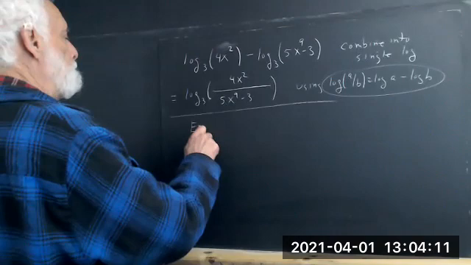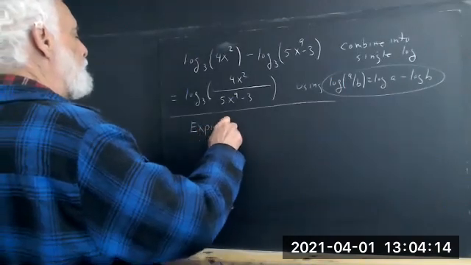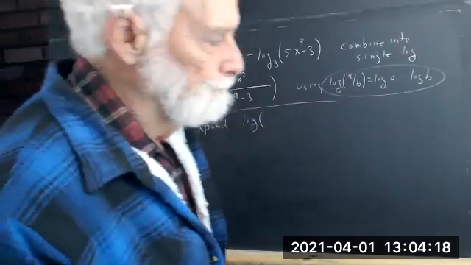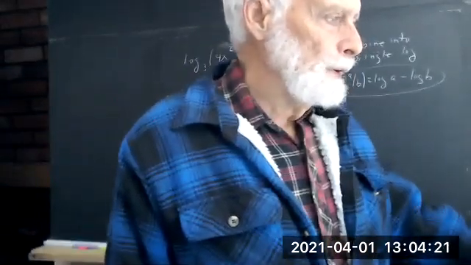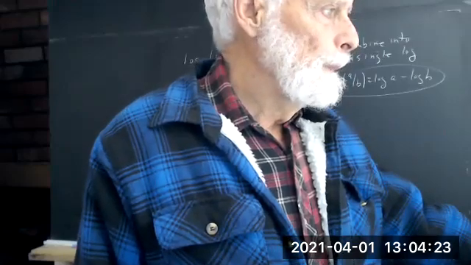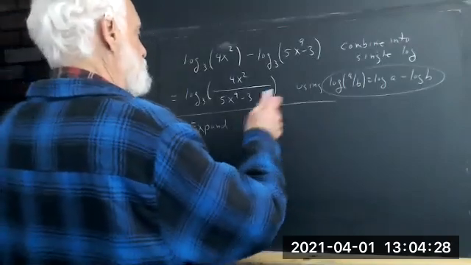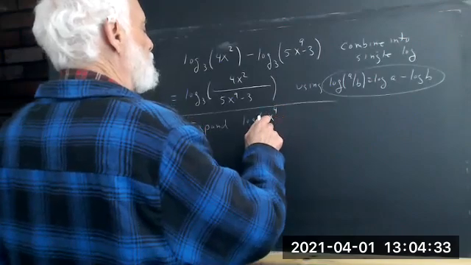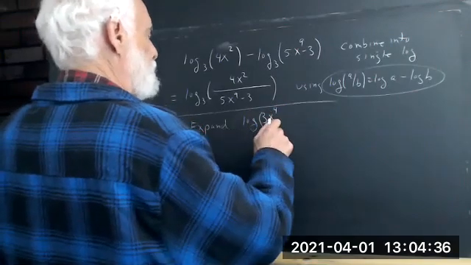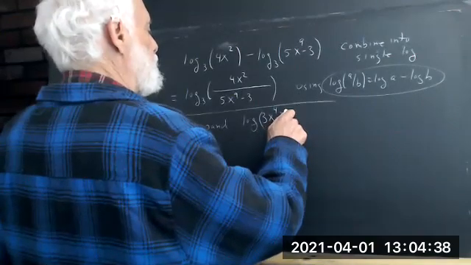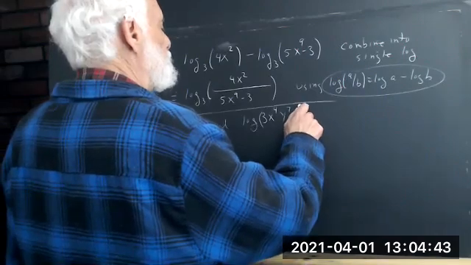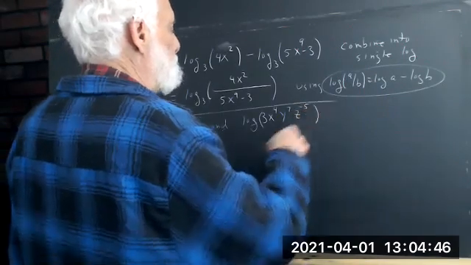Let's expand the log of, could be any product. Okay, so let's say we expand the log of 3 x to the 4th, y to the 7th, z to the negative 5th.